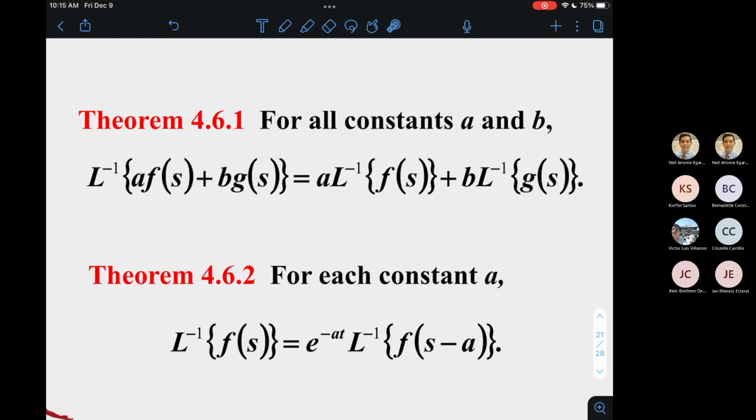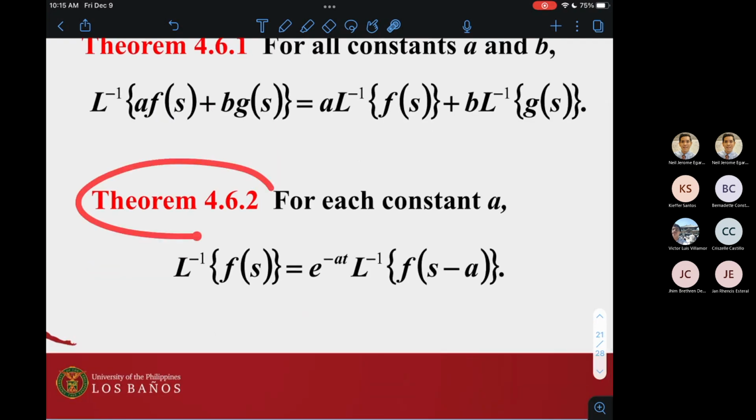And then theorem 4.6.2 is another important theorem because it will help us later whenever we need to shift the center of the expansion of the function f. So parang kapag yung argument ng function little f natin o nung Laplace transform little f natin ay hindi function ni S, pero it's a function of s minus a, then we can adjust.